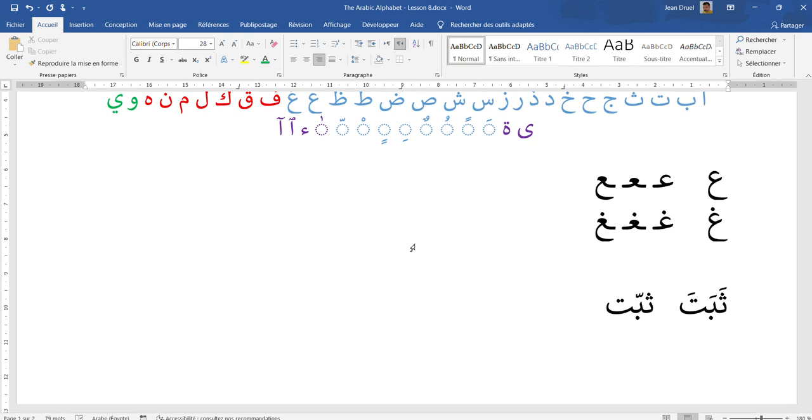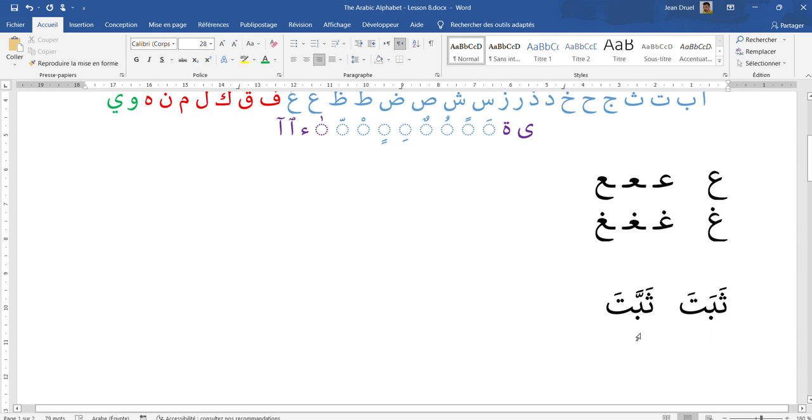So now my shadda is above the b. And then I can also put my vowels, because you can put the vowels and the shadda. The shadda does not represent a vowel per se, it's just doubling of the consonant. So this is sabata, and this one is sabbata. So the B is doubled.